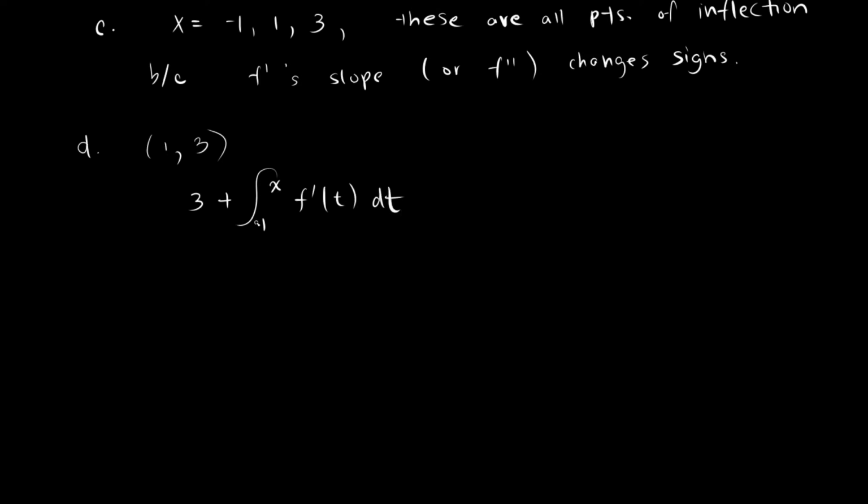In essence, we're starting at the lower bound of 1, so we can use this initial condition, and then taking the antiderivative of f prime of t evaluated at this variable x.